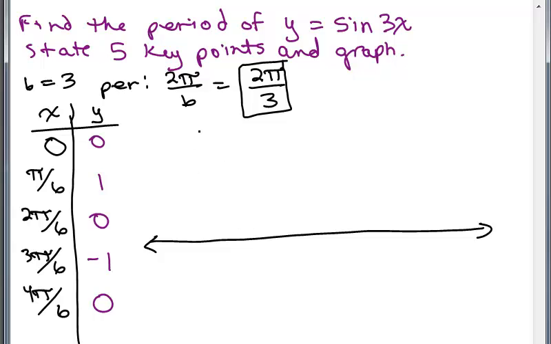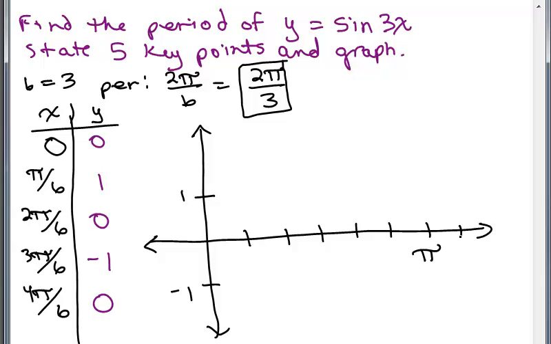So let's say I just kind of have the x-axis over here. And notice there's nothing in front of the sine, so we know the amplitude is still 1. So we know we're just going to go up one space and down one space. But here for our markings, we've got it in terms of sixths. 1, 2, 3, 4, 5, 6. That's where pi goes.